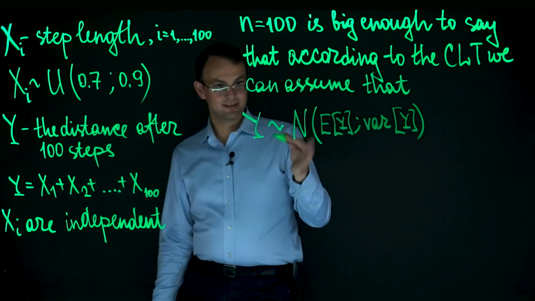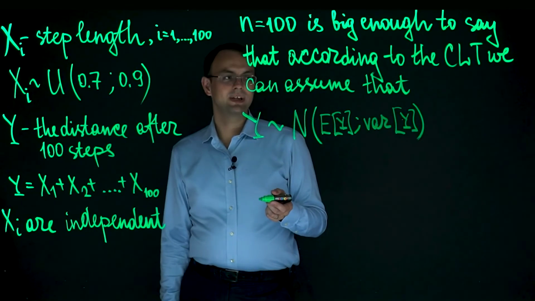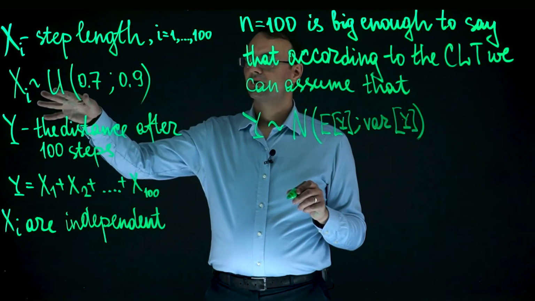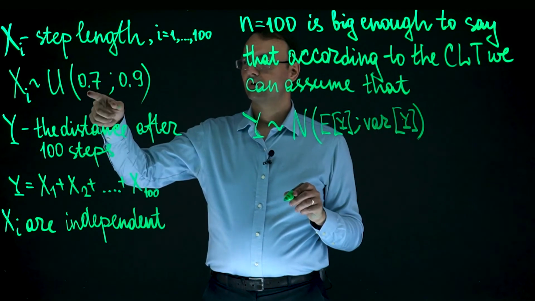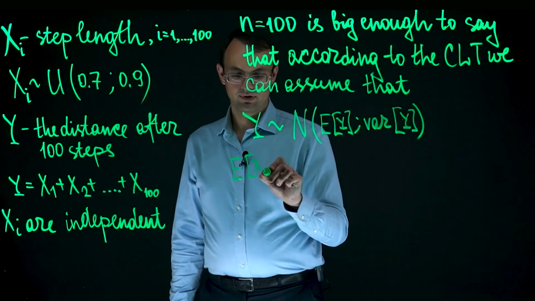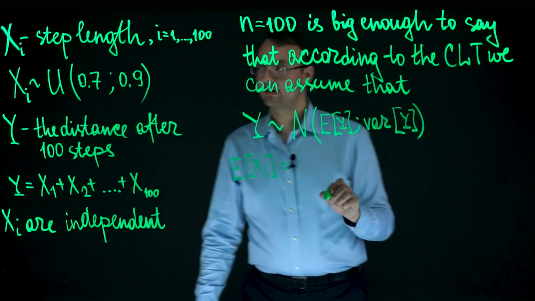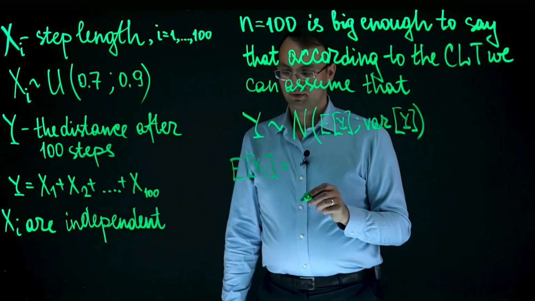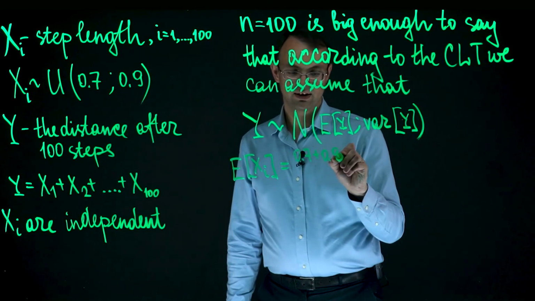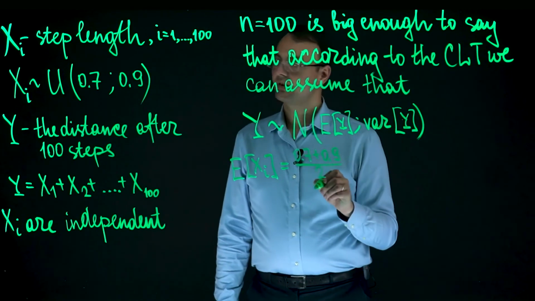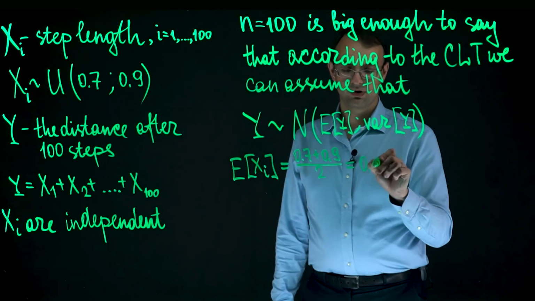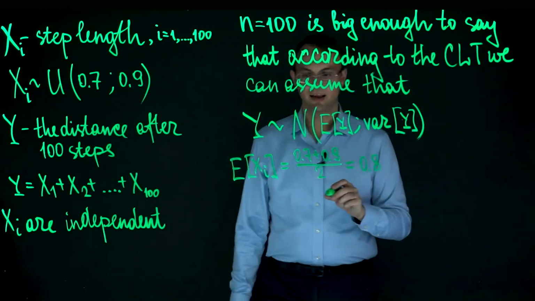So let's now find them. As xi follows the uniform distribution from 0.7 to 0.9, the expected value of xi is 0.7 plus 0.9 divided by 2. This is the middle point of the interval, 0.8.